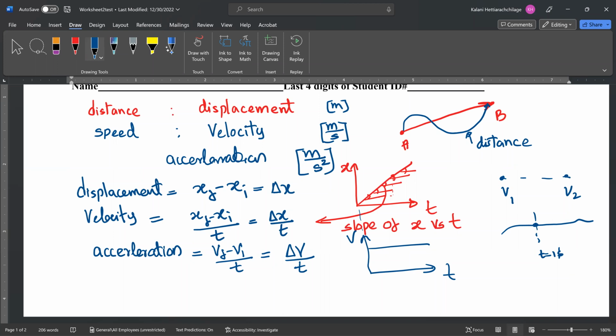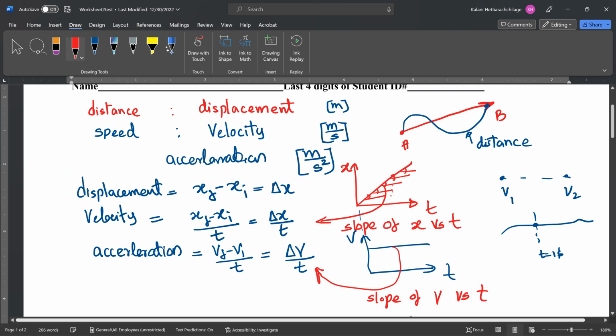So now how do you go to the acceleration? After you know the velocity as a function of time, you need to take the slope of this plot of velocity. Acceleration means the slope of velocity versus time, right?